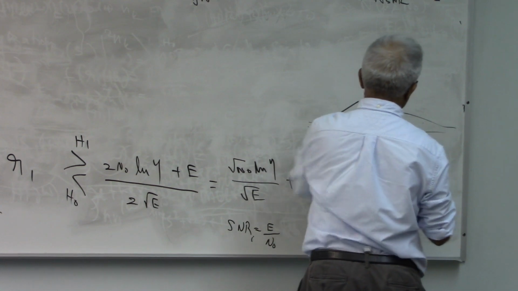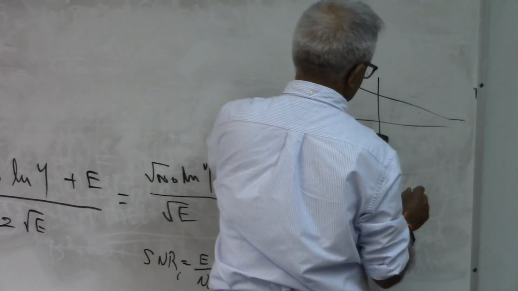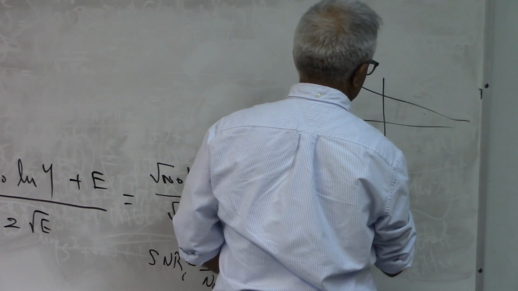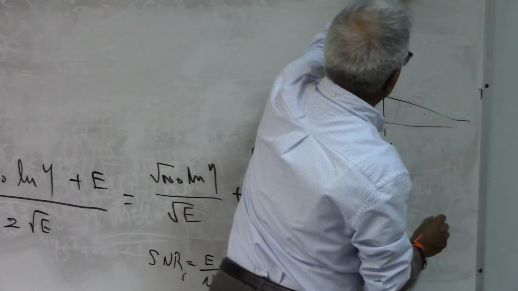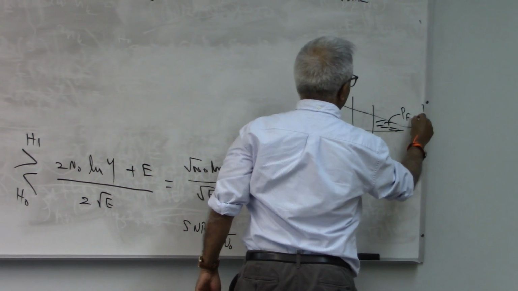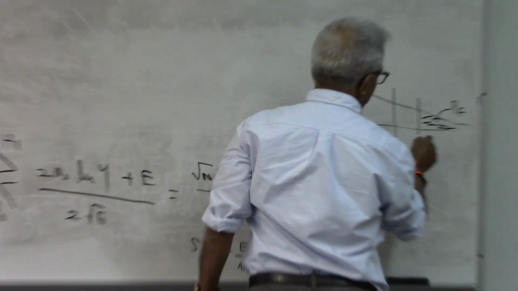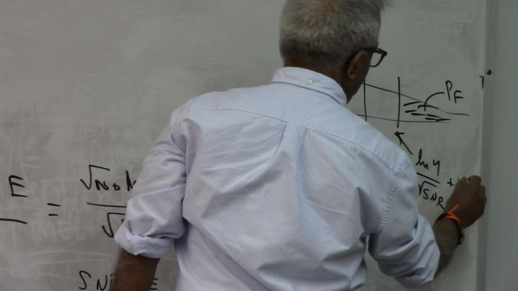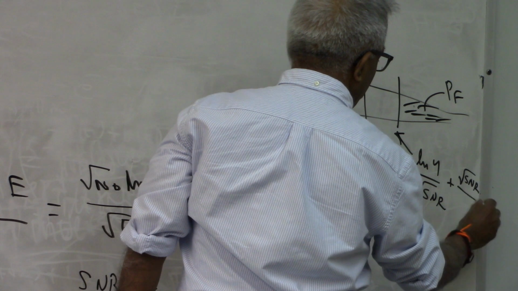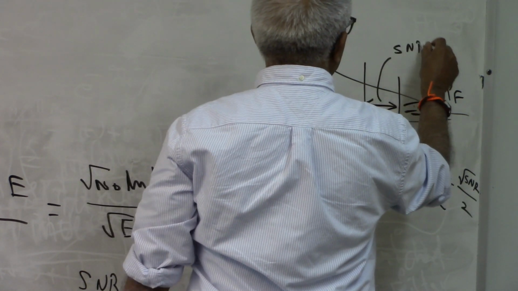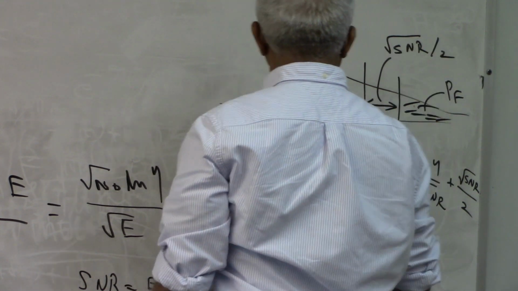You have this quantity here, log eta over square root of SNR, and to that you add square root of SNR over 2. So this is your PF, and this distance is square root of SNR over 2.